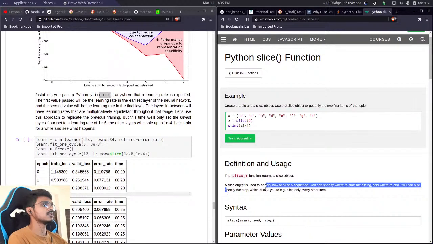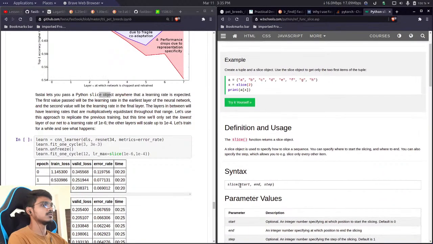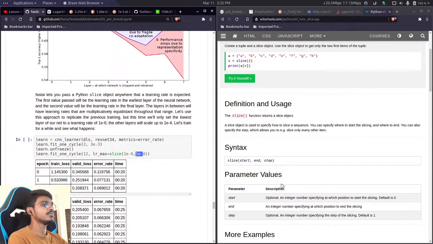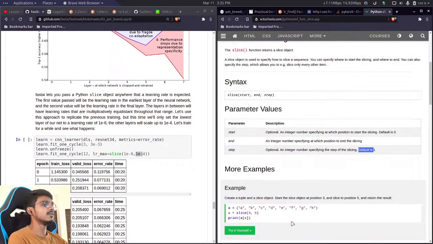A slice object is used to specify how to slice a sequence. You can specify where to start slicing and where to end. You can also specify the step. So we are passing this value as the starting value and this as the ending value. The step size defaults to 1.